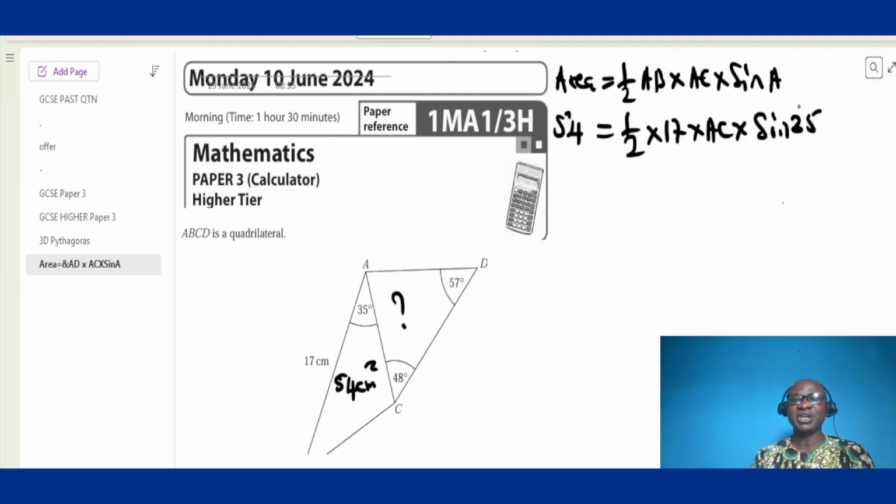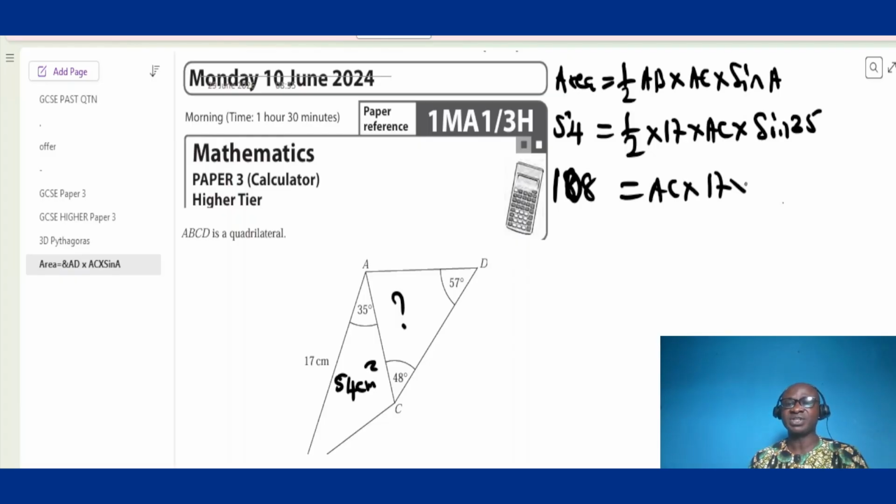At this point, I can cross multiply and use 2 to multiply 54, and that will give me 108. So 108 is equal to 17 times AC multiplied by sine 35.